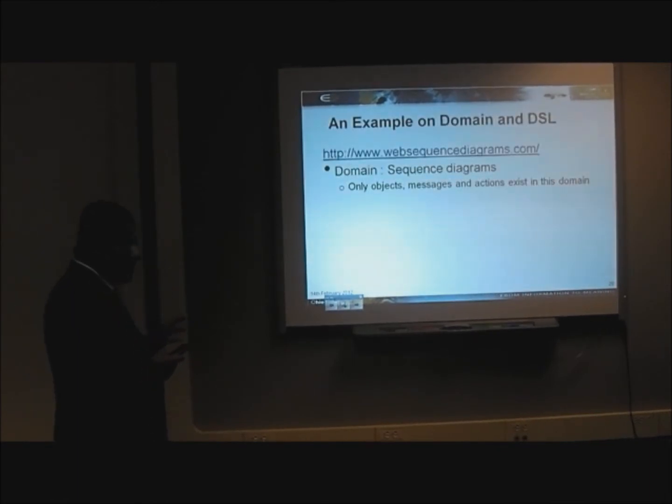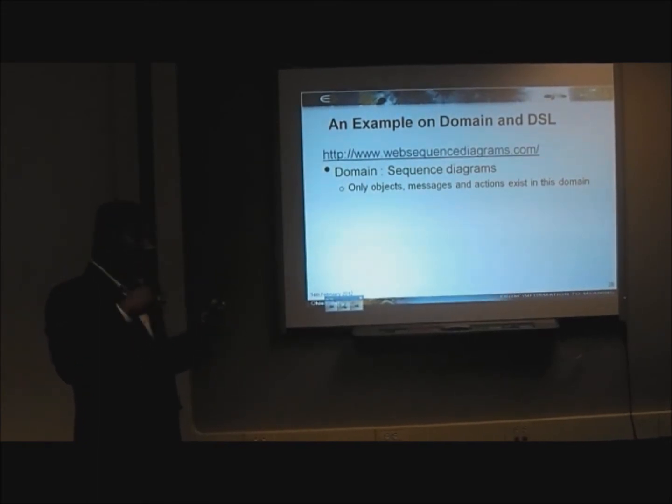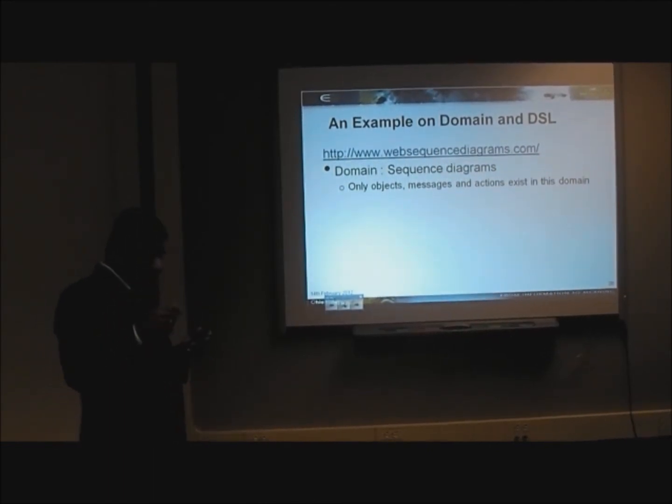Here's a nice example that I found on the web: sequence diagrams. Now our domain is sequence diagrams. Hopefully you remember your software engineering 101, and sequence diagrams is a diagrammatic representation of doing things in a sequence. So you say A called B with this particular message, then B did something, B called C after that, and so on.